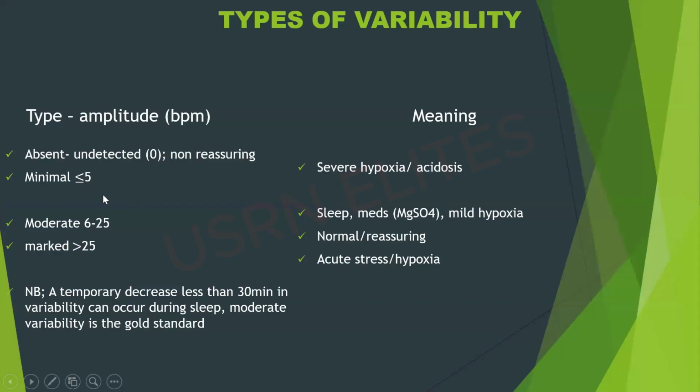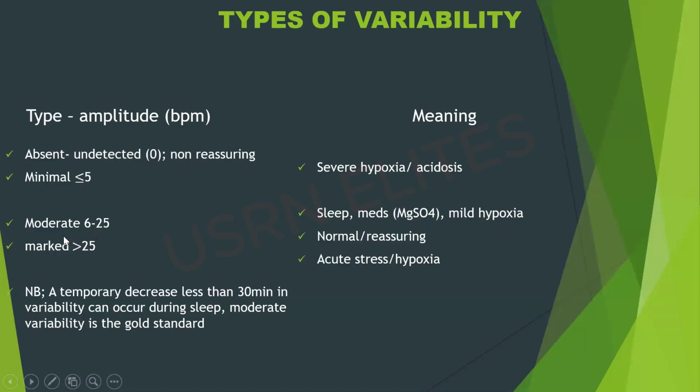We have minimal, that's less than 5 or 1 to 5, which tells you that maybe the mother is sleeping, the baby is sleeping, or you have given magnesium sulfate medication, or there's mild hypoxia.